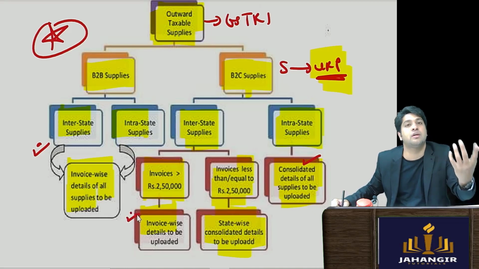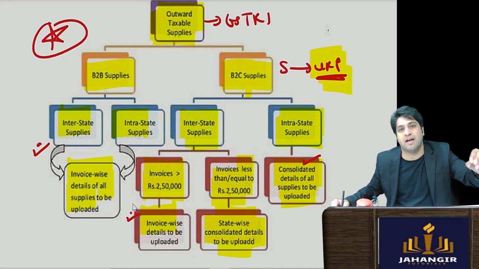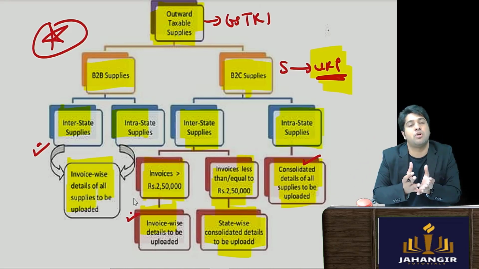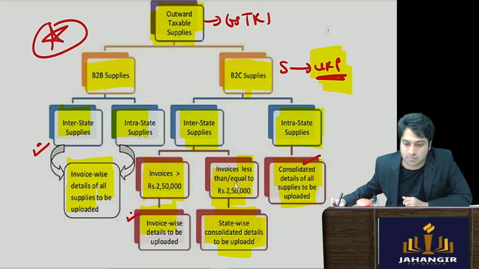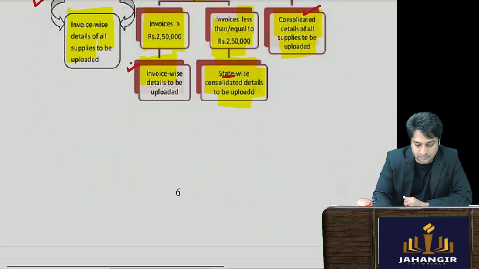But if I'm selling in another state to an unregistered person and the value is 1 lakh rupees, so I can consolidate all these small sales amounts and just put it up state wise. So this is all the details that you need to key in.